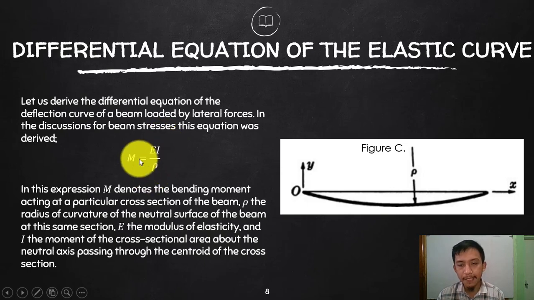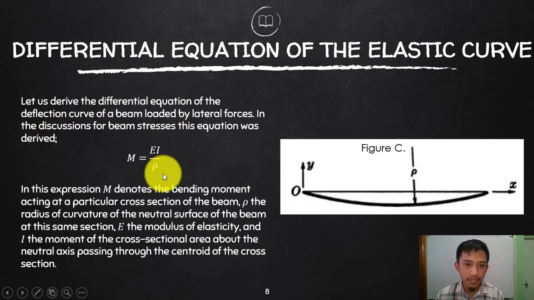Again, the moment within your beam at a certain cross section is a function of the strength. E is your Young's modulus, the strength with respect to the type of material used, and I is your moment of inertia, the strength with respect to the shape or orientation of the section itself.